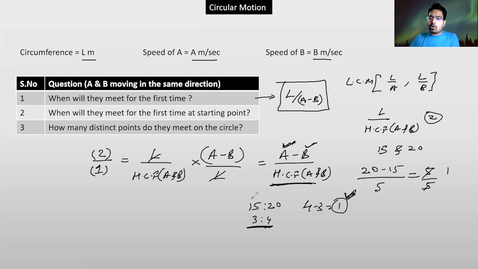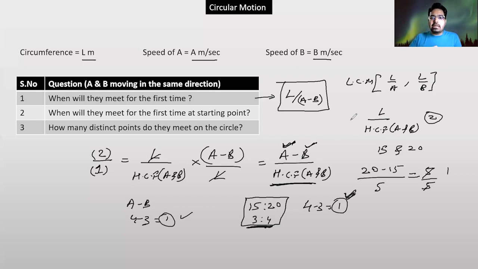If you bring down your ratio of speed to the simplest form, then I can very easily say that if they are moving in the same direction, they will meet at the absolute value of the difference of the two speeds in their simplest form. Right? So 3:4 is the simplest form. What is the difference over here? 4 minus 3, 1. So they will meet at one distinct point on the entire circle, if their speeds are 15 and 20, or the ratio of 3:4, whatever may be their speeds.